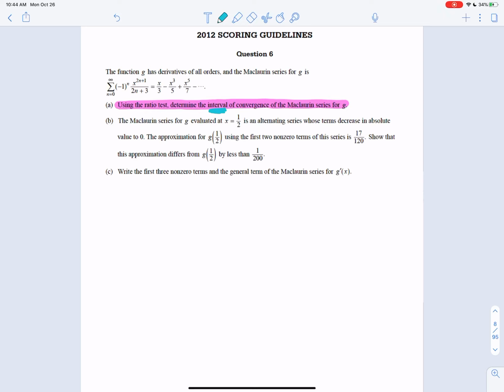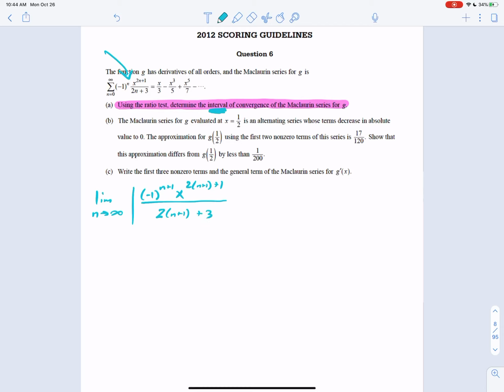So here we go. We take the limit as n goes to infinity of the absolute value of your general term plus 1. Okay, so -1 to the n plus 1, x to the 2 times n plus 1 plus 1, all over 2 times the quantity n plus 1 plus 3.